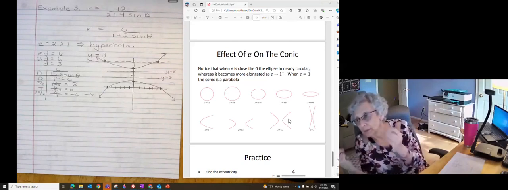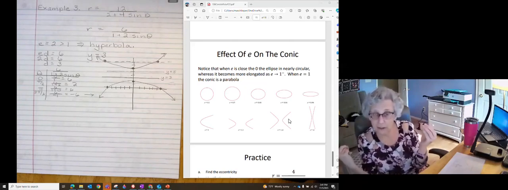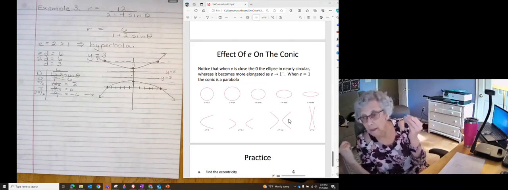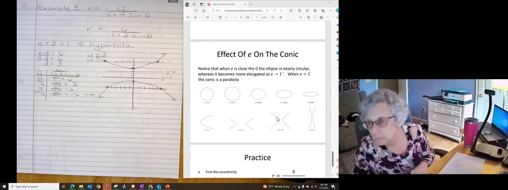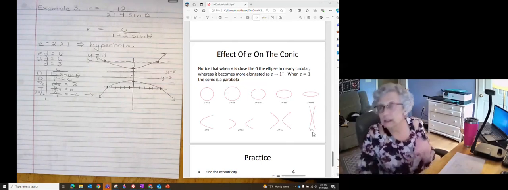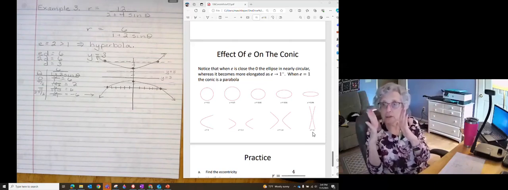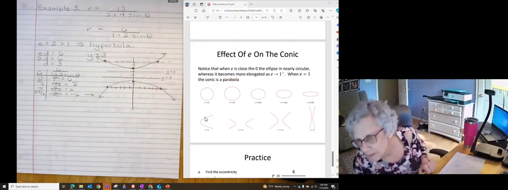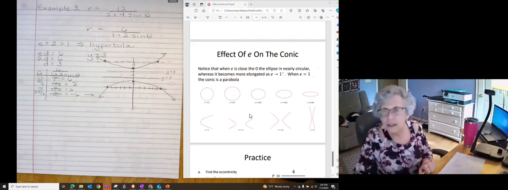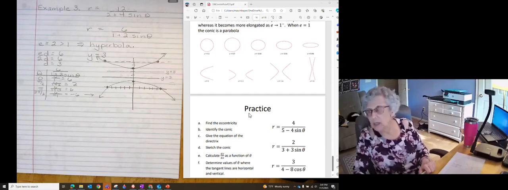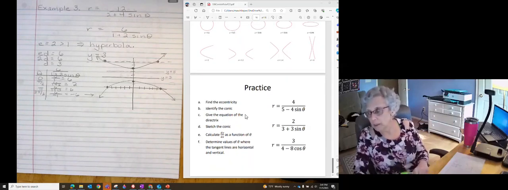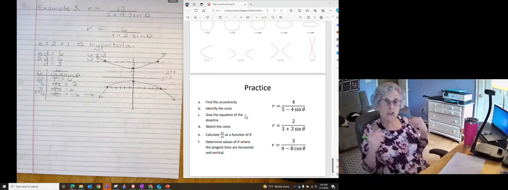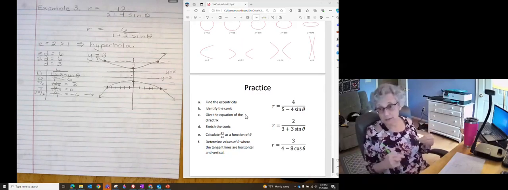The bigger your E, the flatter your ellipse gets. The bigger your E is, the flatter your hyperbola is, and with a parabola, your eccentricity is just 1.